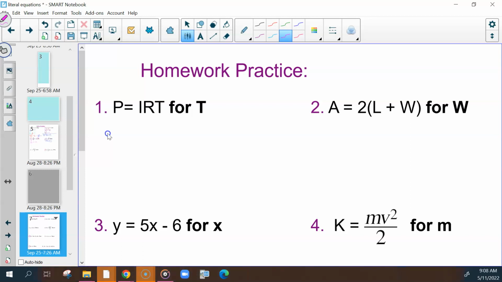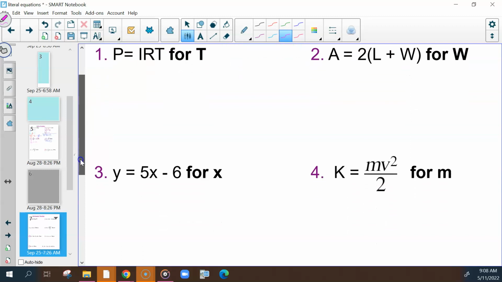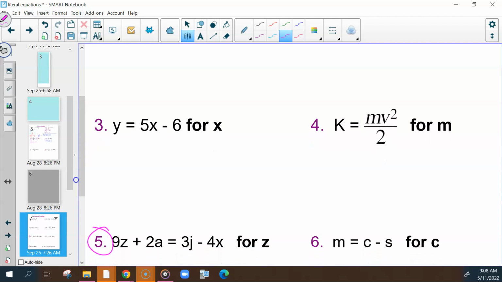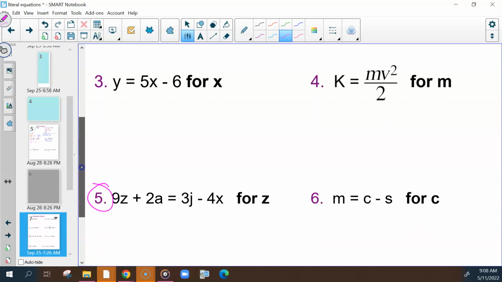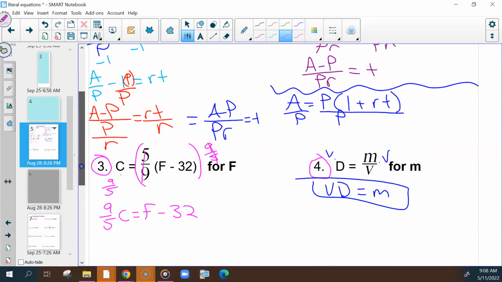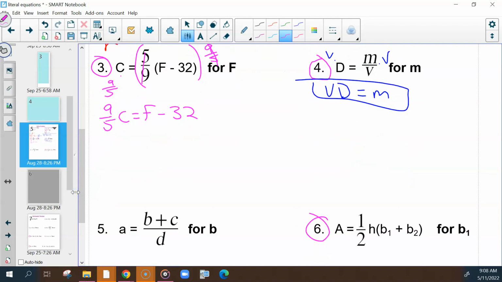Slope intercept. Area of a circle. There we go. So some of them, not all of them. Some are just made up.